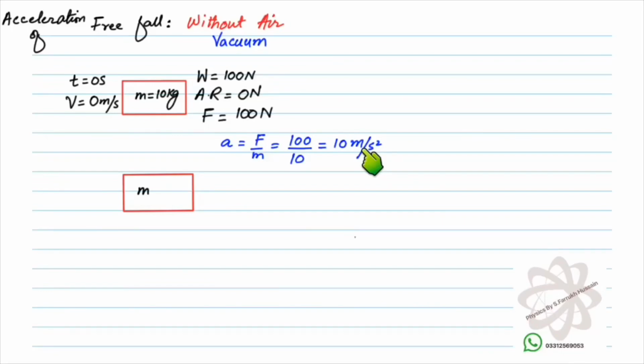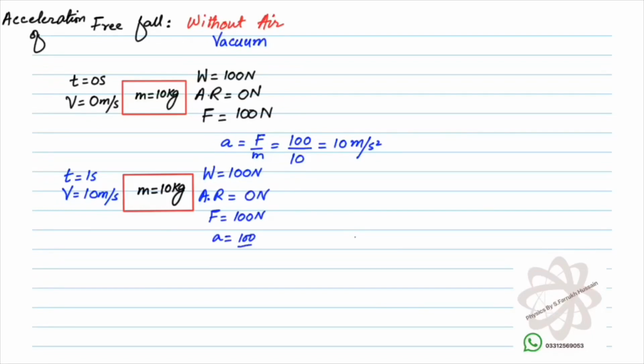According to this acceleration, after 1 second, the object will gain a speed of 10 meters per second, because acceleration tells you how much change in velocity there will be per unit time. There will be no change to its weight and no change to air resistance, so no change to resultant force, and hence no change to acceleration.